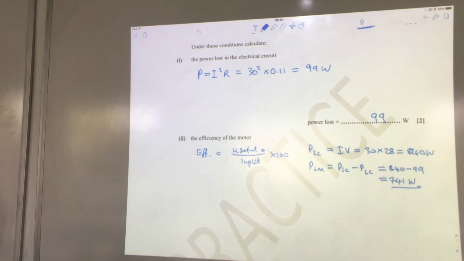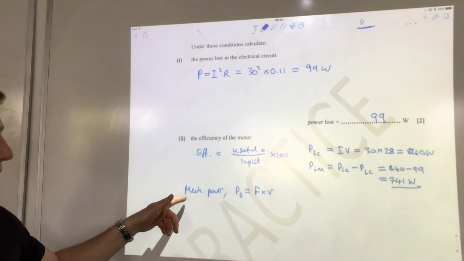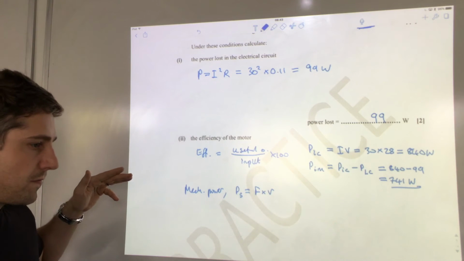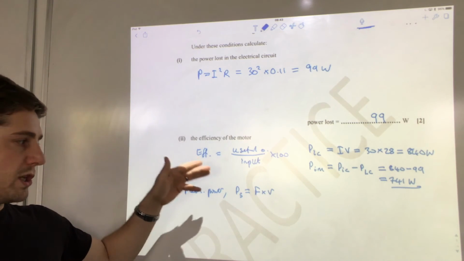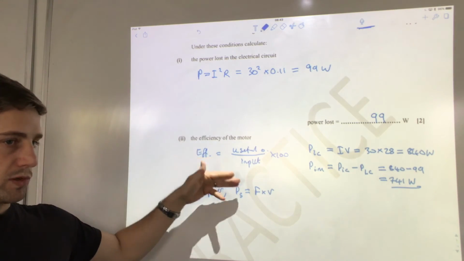Then the mechanical power is going to be the power to the swimmer. We'll just call that PS. So that's force multiplied by the speed that she's going at. Now, because she's going at constant speed, the force supplied by the winch is equal to her weight.